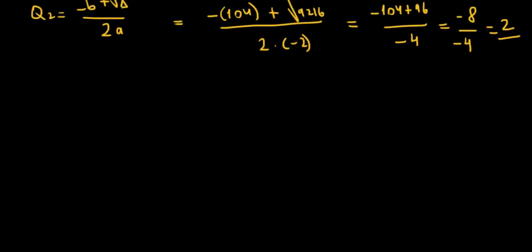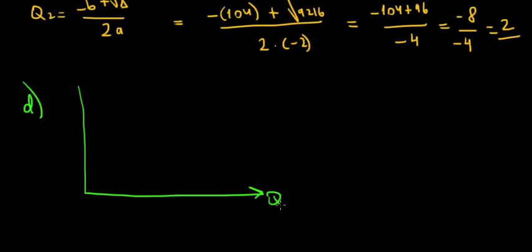So in part D, we have a function between profit and quantity, that's our quantity and that's our profit. Actually, it's better to call it total revenue and total cost, because we'll have 2 graphs.